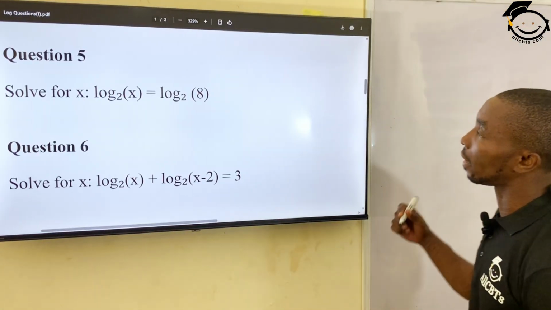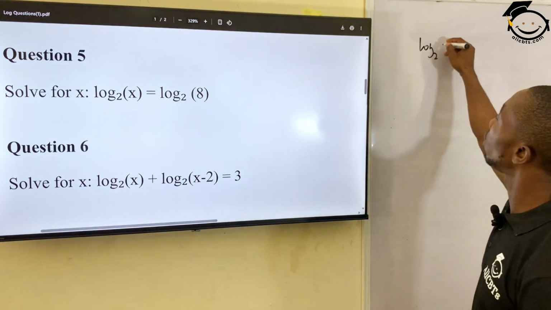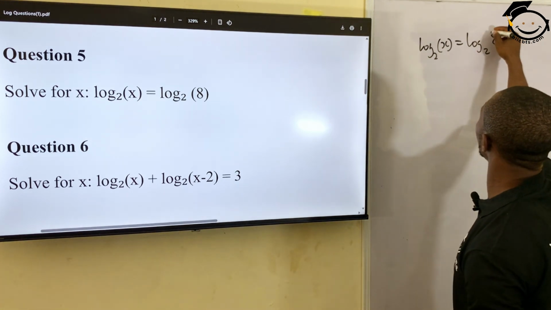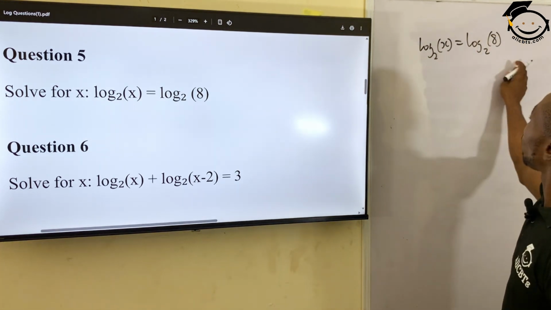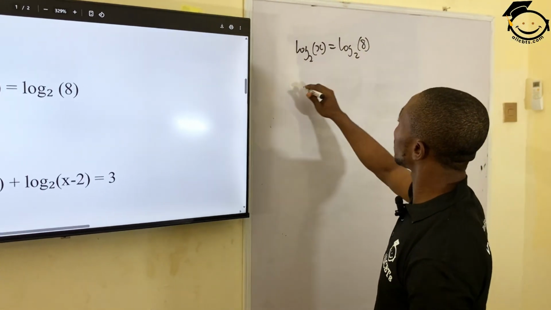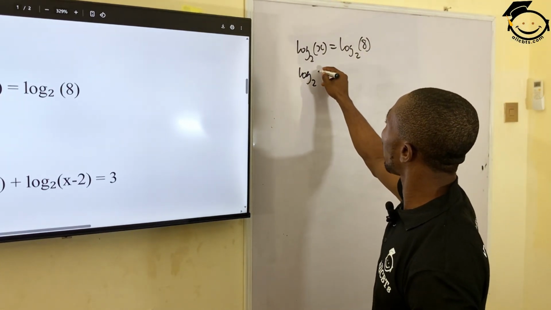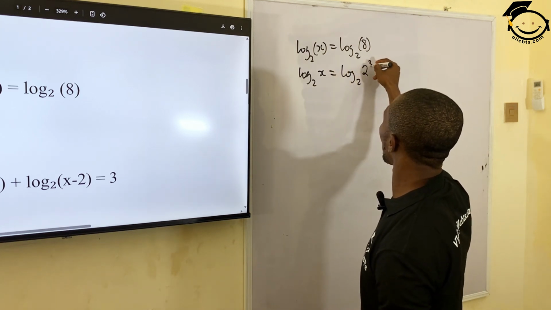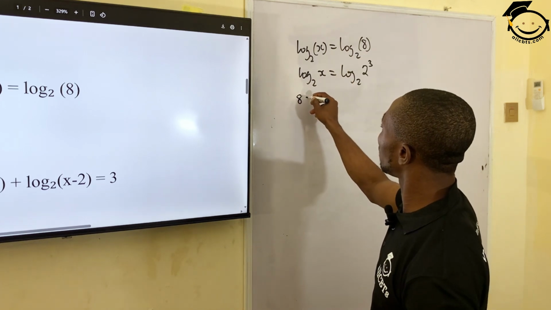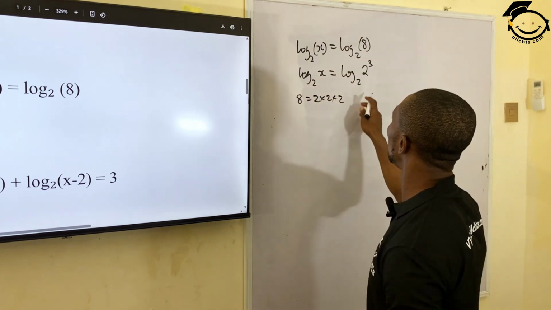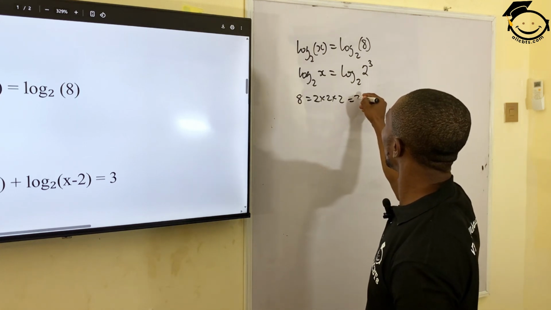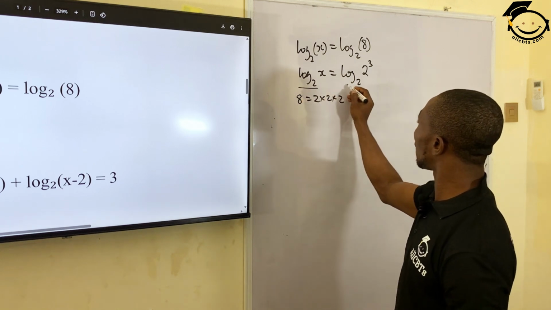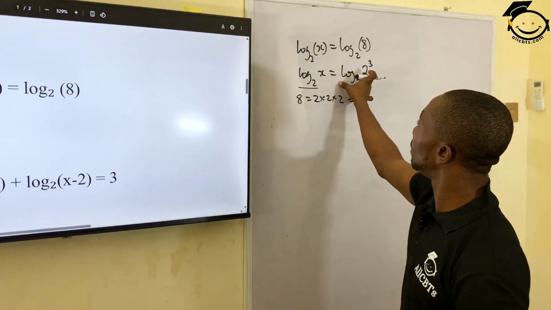Solve for x in log₂x equals log₂8. Now, if we have to solve for this, we can break this down to become log₂x equals log₂ 2 raised to power 3, since we already know that 8 equals 2 times 2 times 2, which is 2 raised to power 3. But another thing to note is that both are the same log, so we can eliminate the logs.